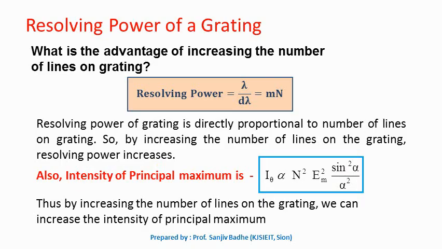Also, just recollect, the intensity of the principal maximum in the diffraction pattern is directly proportional to n square. So by increasing the number of lines on the grating, we can increase the intensity of the principal maximum also. So this is one more advantage of increasing the number of lines on the grating.